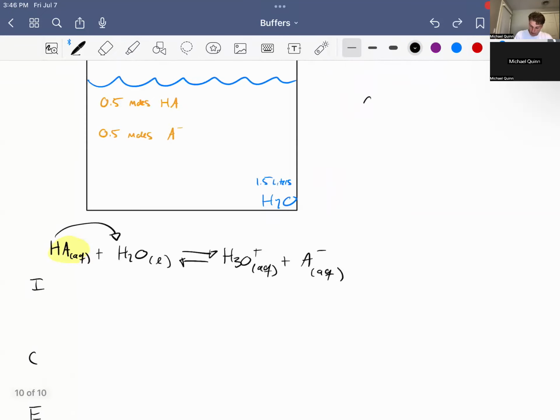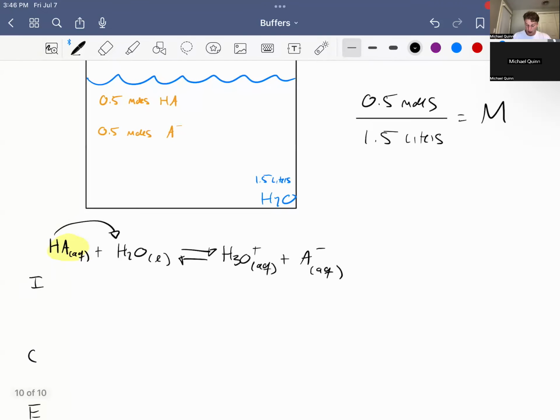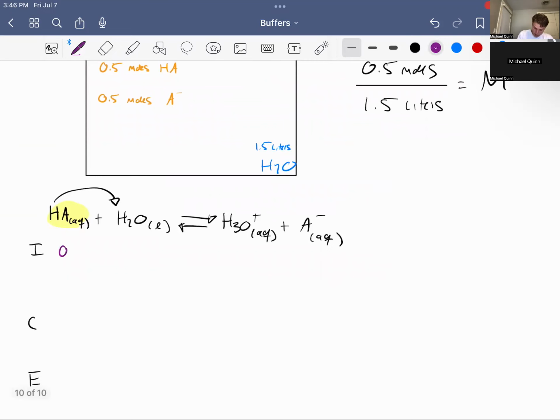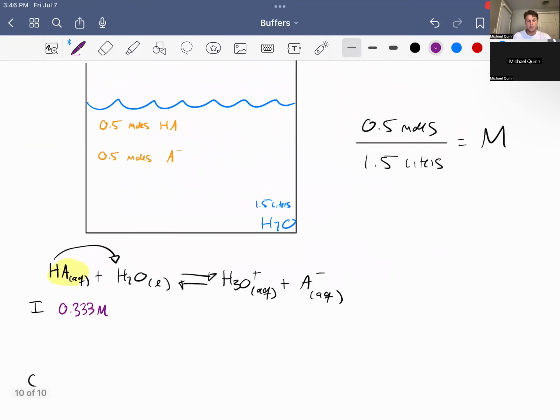So 0.5 moles divided by 1.5 liters is going to give us that concentration. So 0.5 divided by 1.5 is going to be about 0.333 molar of HA.